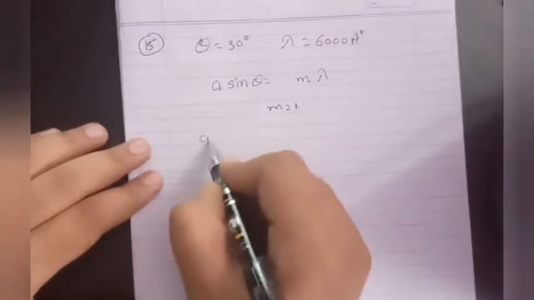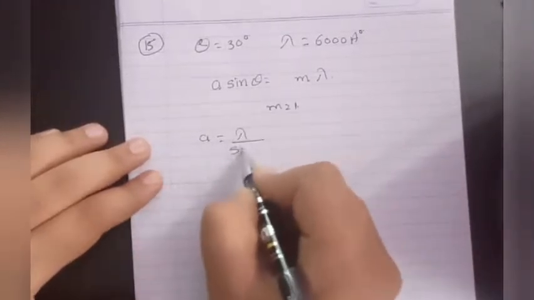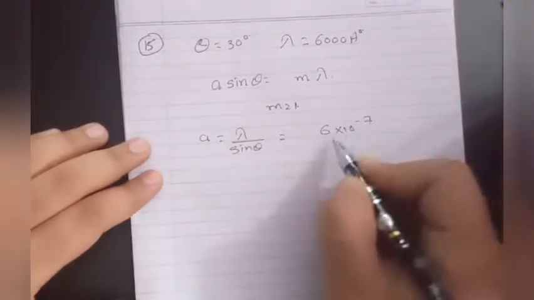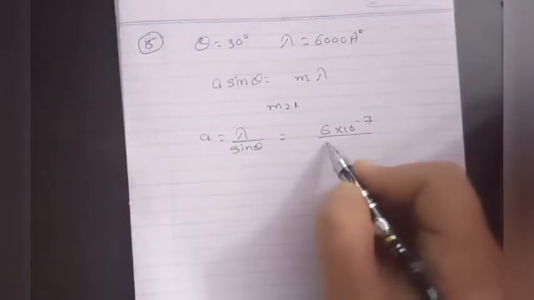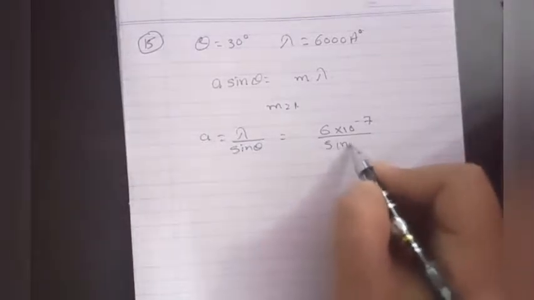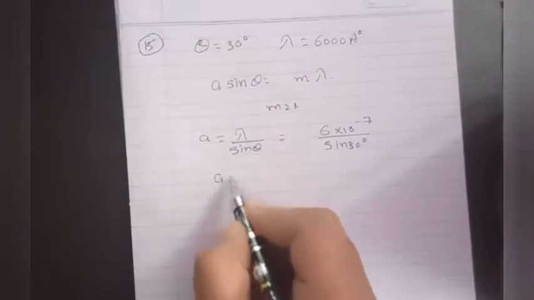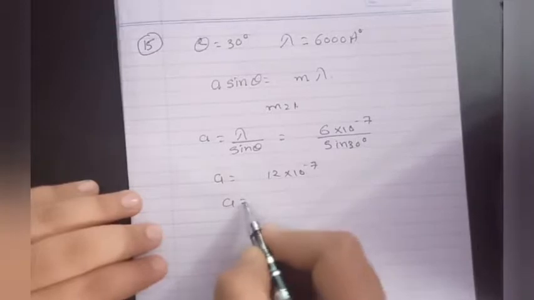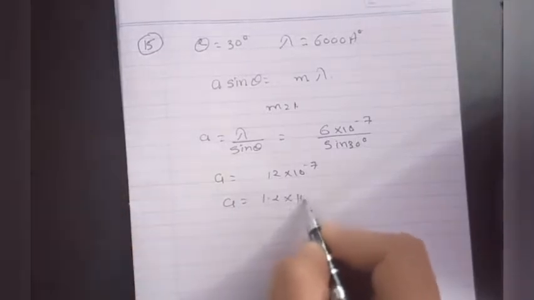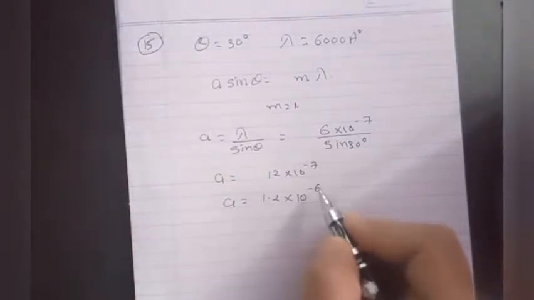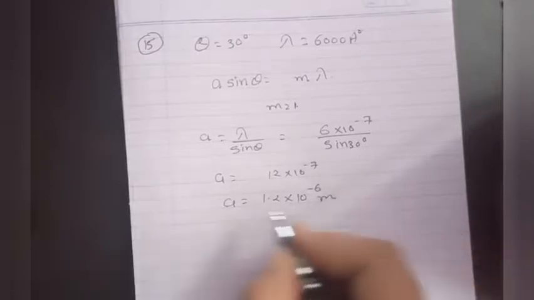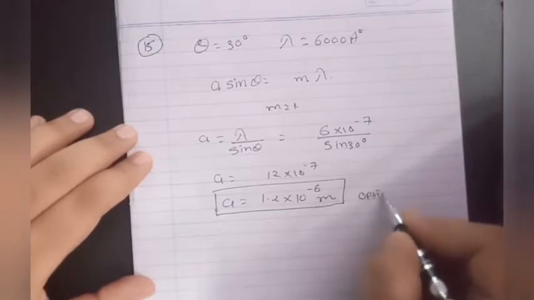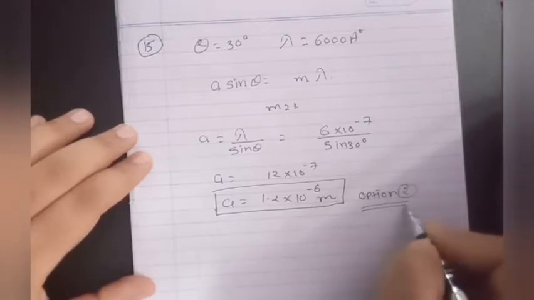So a is equal to lambda divided by sin theta. Lambda is given as 6 into 10 power minus 7, divided by sin 30 degree. So a is equal to 12 into 10 power minus 7, that is 1.2 into 10 power minus 6 meter. So option 2 is the correct option.